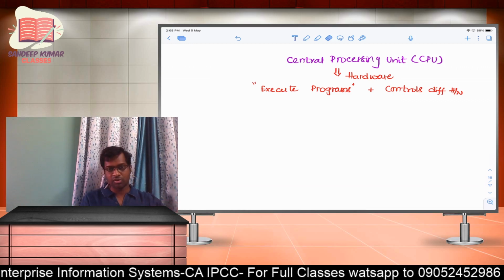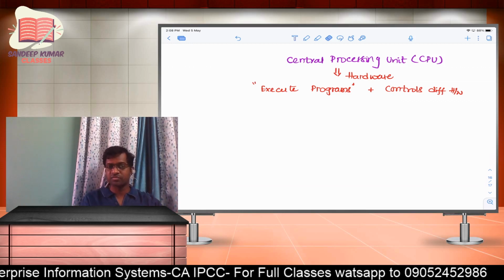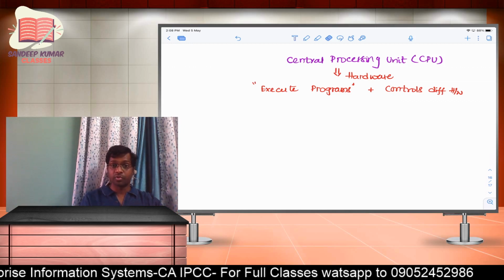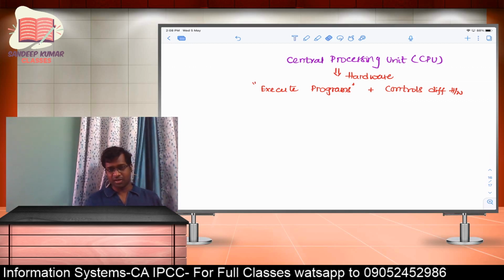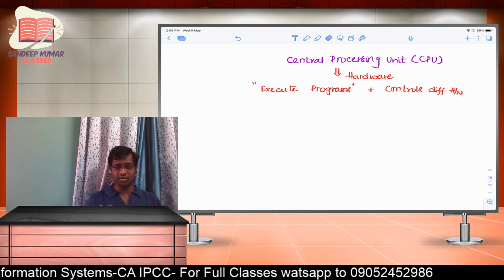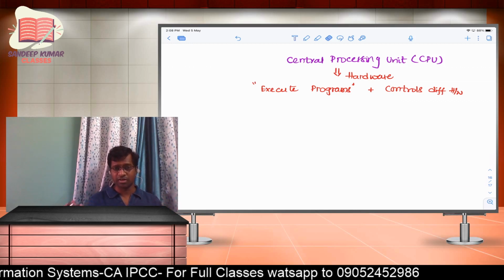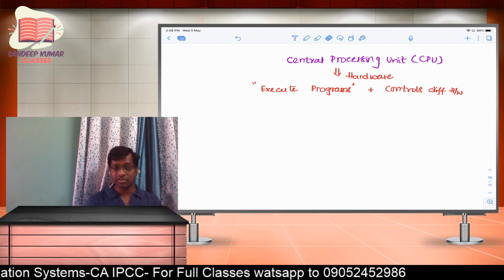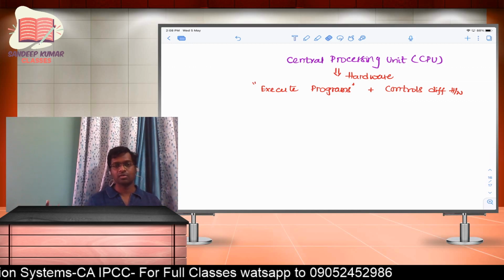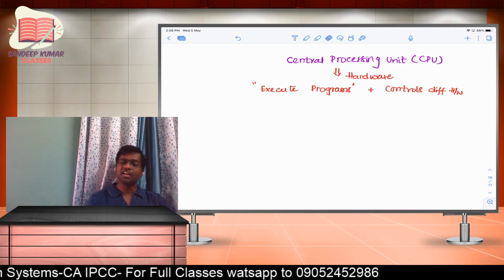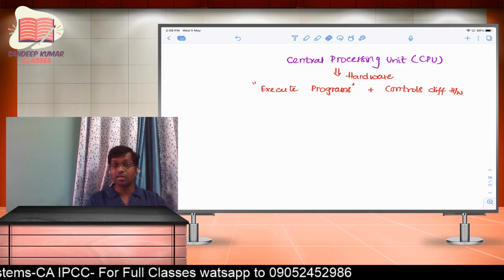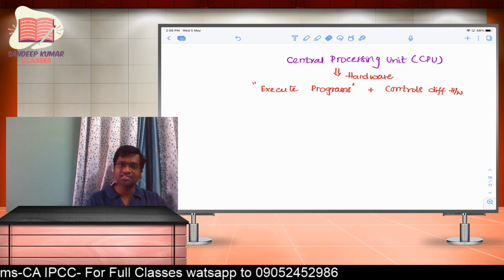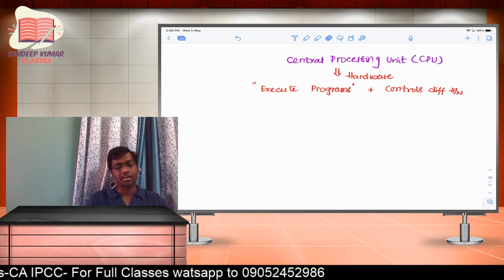In order to control different types of hardware, we require programs. In a human body, we have different components or parts. Who will control all these parts? The brain will control all the parts. The same way, in hardware, who will control the different hardware units? It is the responsibility of the central processing unit.